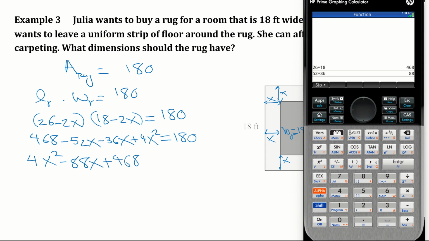And let's bring the 180 over, so it becomes minus 180. Change sides, change signs, right? That should equal 0. So let's keep going. 4x squared minus 88x. Let's combine 468 and negative 180. That's positive 288.